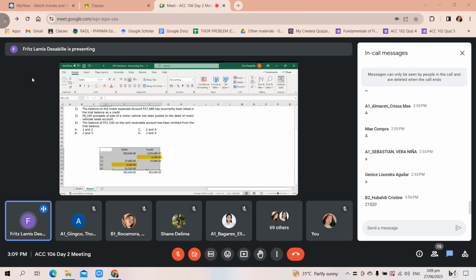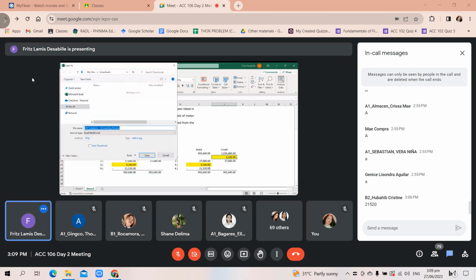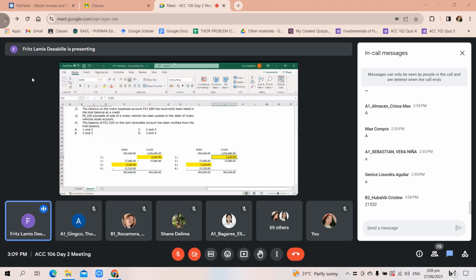Sir, question. So, sir, nganong dili 1 and 3? Yes, 1 and 3 are errors, but effectively, even if you don't correct 1 and 3, the trial balance would still be equal. However, the question is, correct ba ni siya? Wrong gihapon.